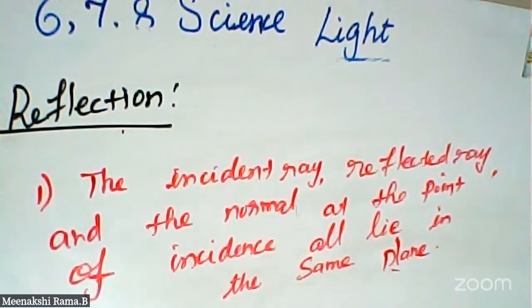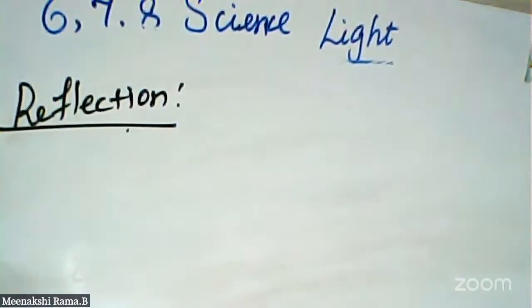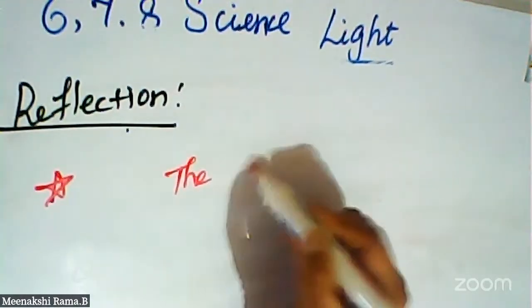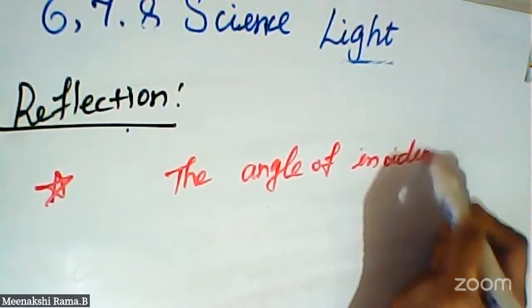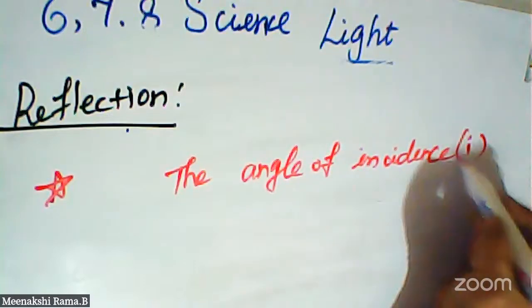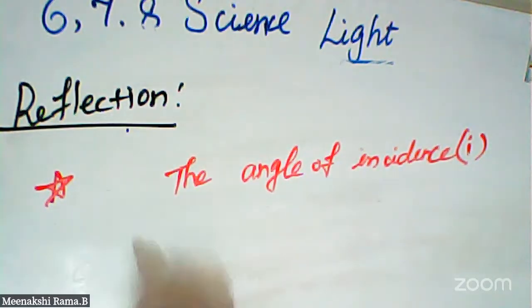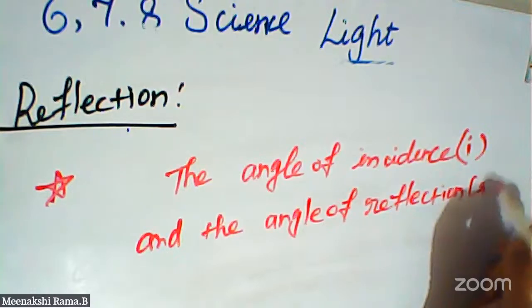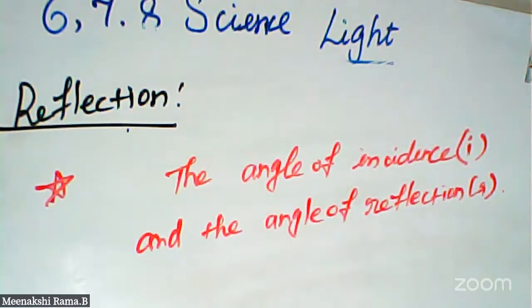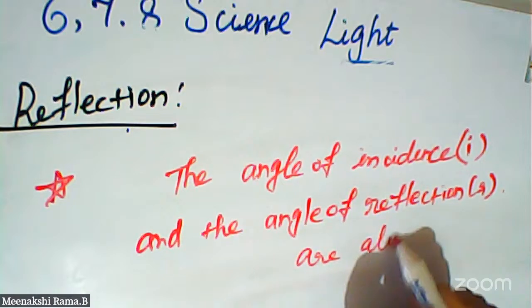Next is the second point. The angle of incidence, that is I, and the angle of reflection, that is R, are always equal.